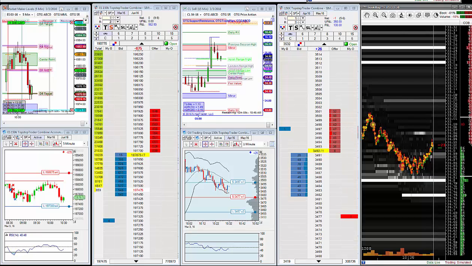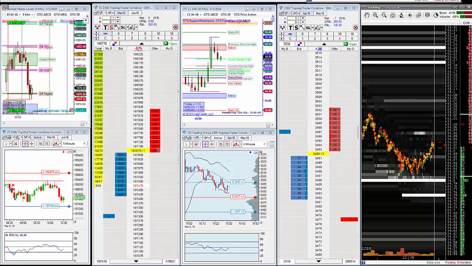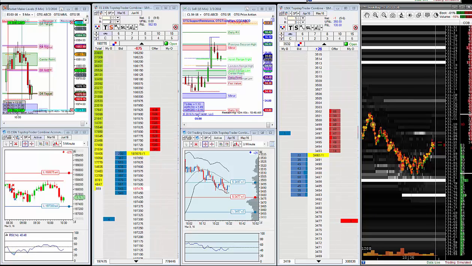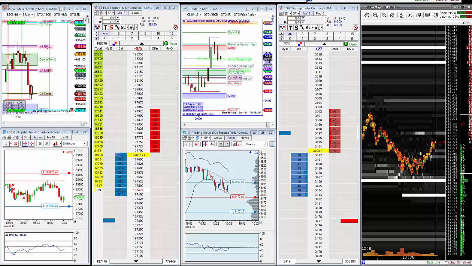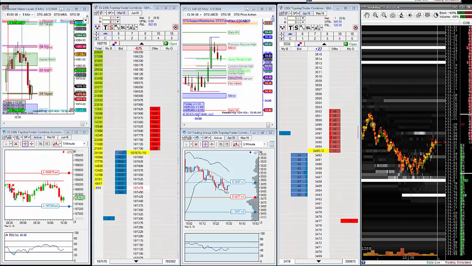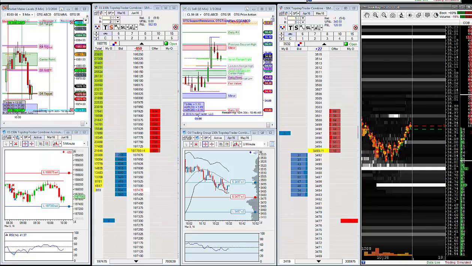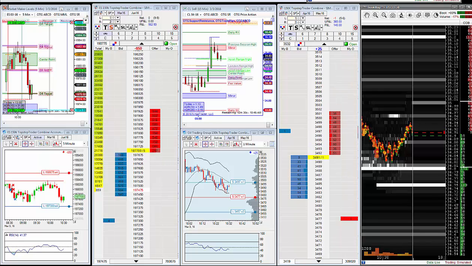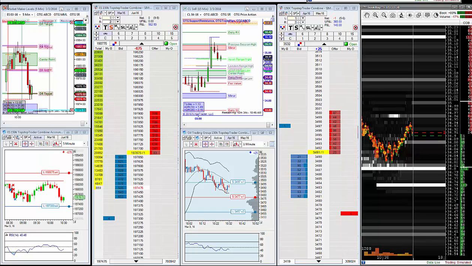Don't think it's going to happen. This is probably going to come take me out and then resume the move down to 57. That's probably what's going to happen.